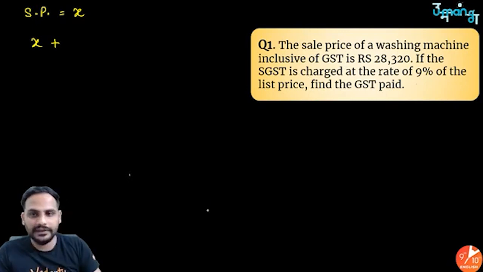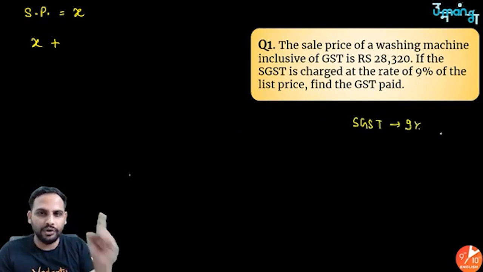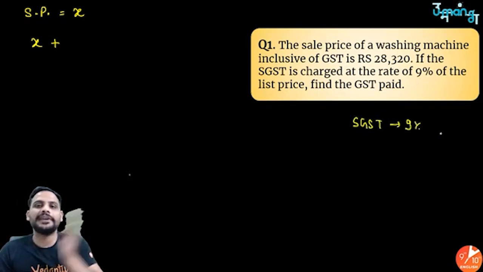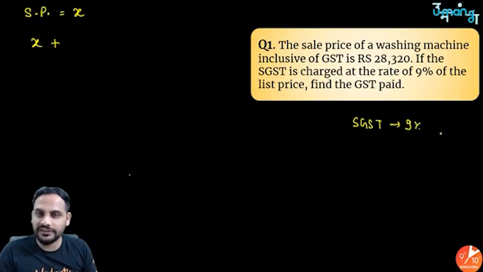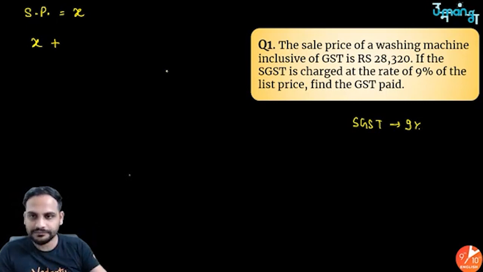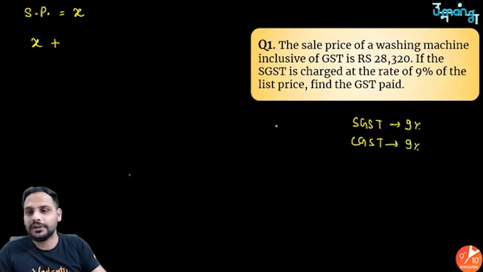Now remember, I have told you both SGST and CGST apply; IGST is when interstate. Within the state, both SGST and CGST will be applicable. So SGST is applicable at 9%, CGST will also be there and that also will be 9%. Both will be equal. So net GST percentage will be total 18%.